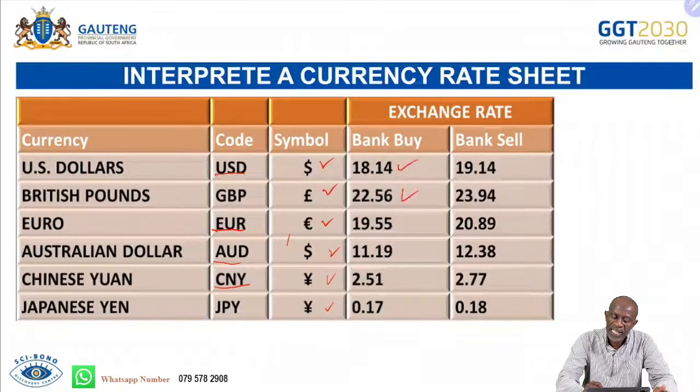So the bank will sell at these prices. Here is what the bank will use to buy, and this is what they use to sell.